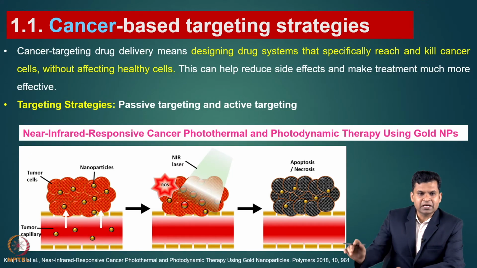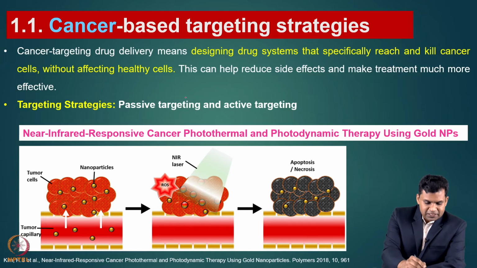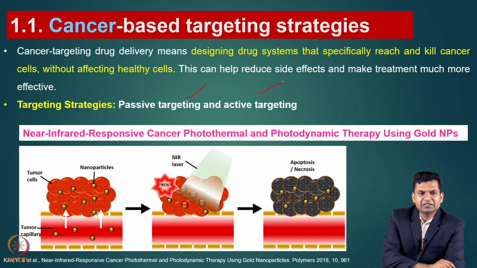Cancer targeting drug delivery means designing drug systems that specifically reach and kill the cancer cells without affecting healthy cells. Here we can see two different types of strategies, passive targeting and active targeting. With that we can reach specifically the cancer cell instead of normal cells.